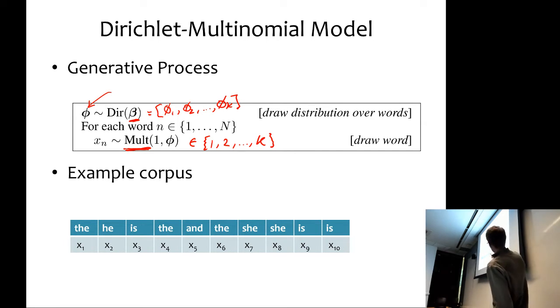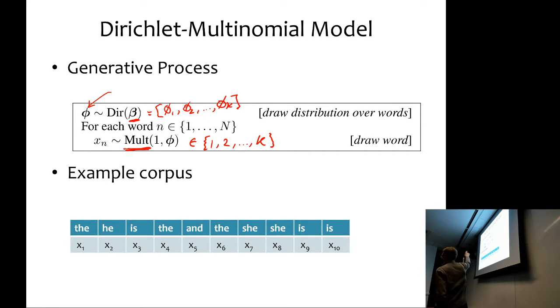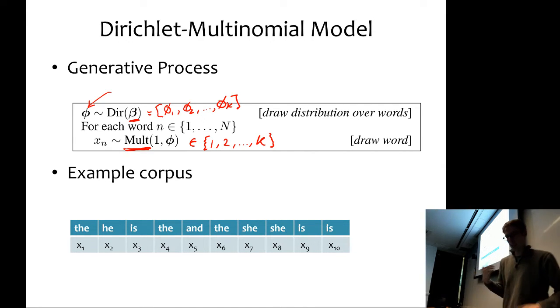If I had written multinomial n phi, that would mean we want a distribution over the number of times that each class comes up if I roll a die n times. So here we're saying independently you should sample 1 dice roll at a time. So a multinomial with just 1 is of that variety.